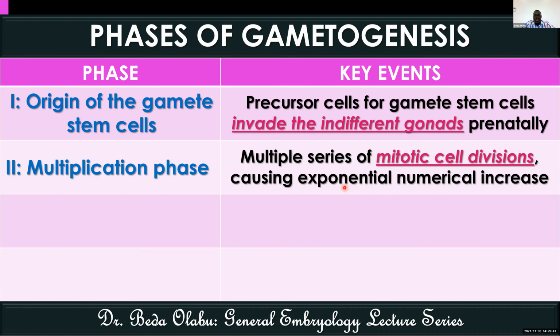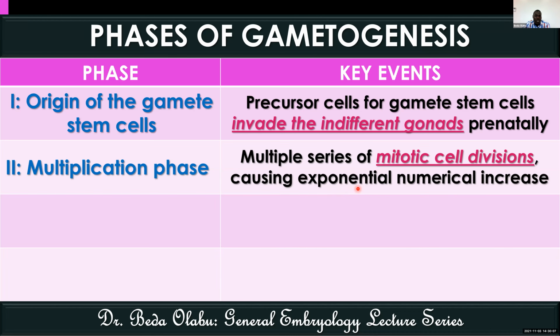Exponential increase is when you increase with an increasing factor. You start with 2, you go to 4. From 4, 8. From 8, 16, 32, 64, 128. You are increasing with an increasing factor, and that is what the gametes actually achieve.